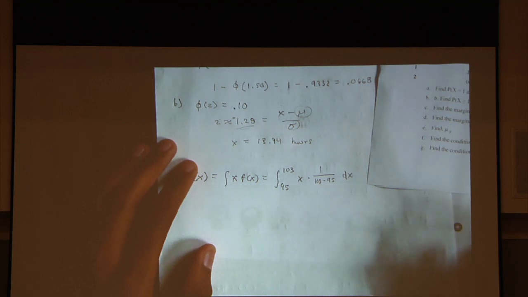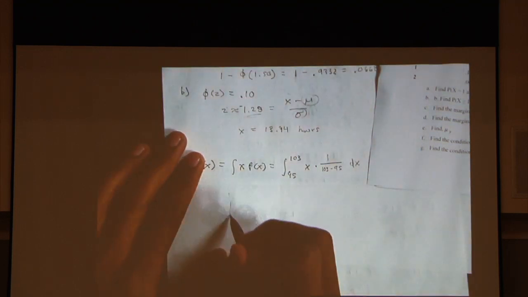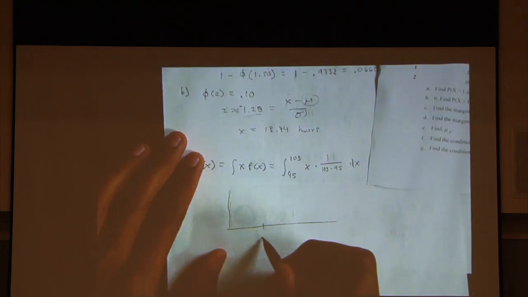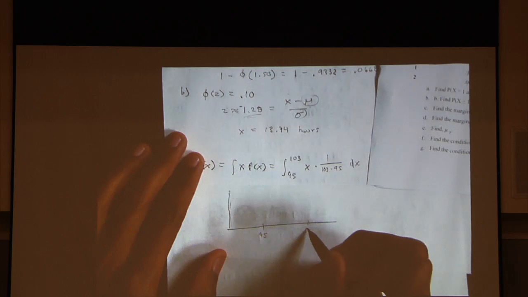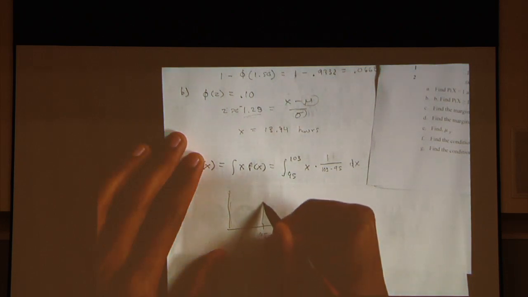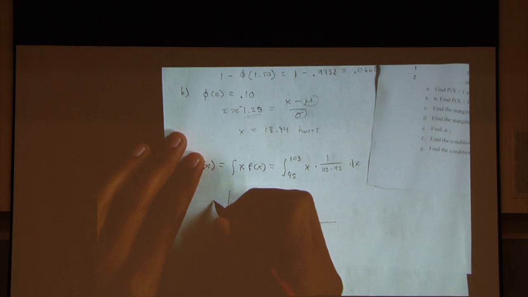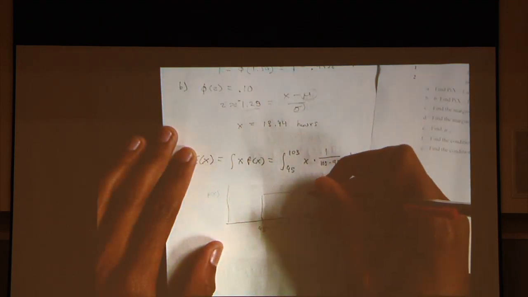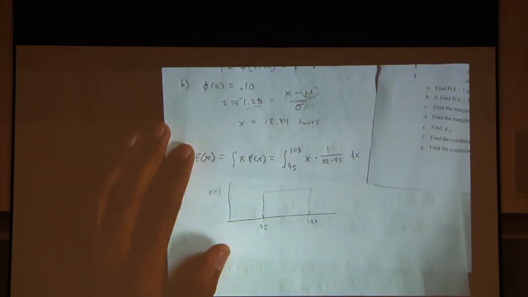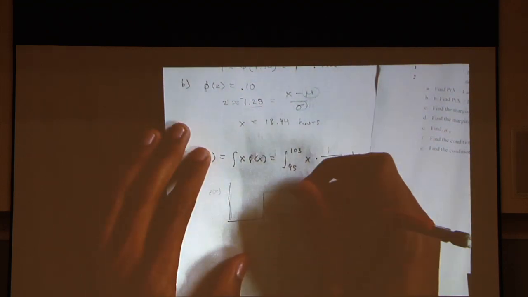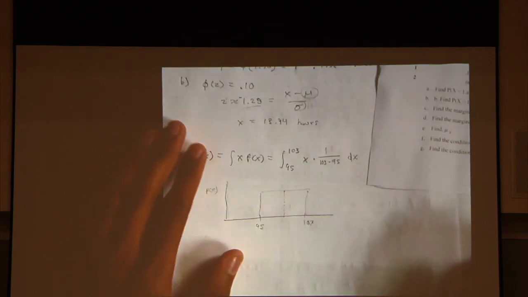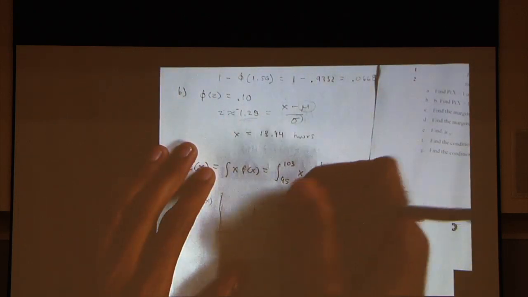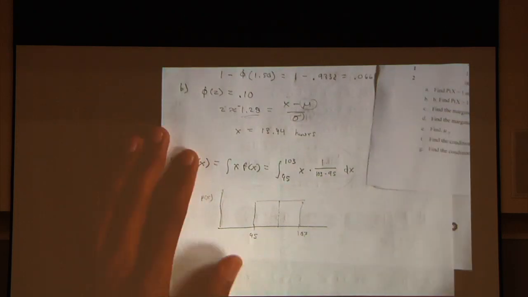If it's uniformly distributed, it looks like this: 95 to 103, this is P of X. It should be the median, since it's uniformly distributed, so it's somewhere in the middle. The hard way would be to integrate it if you didn't have the knowledge that it's uniformly distributed.